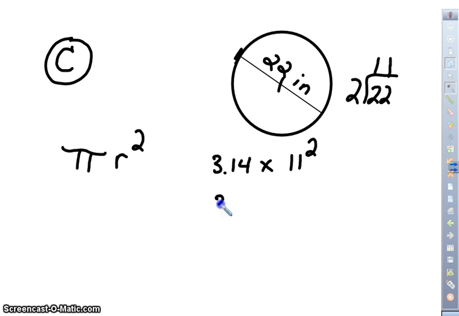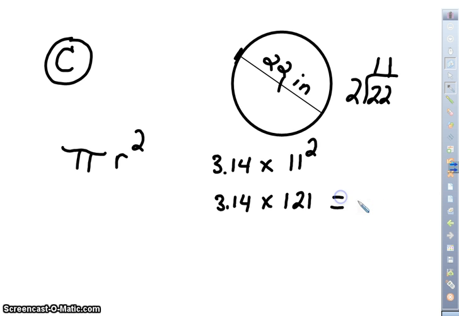So now 3.14 times 11 times 11, which 11 times 11 is going to give you 121.